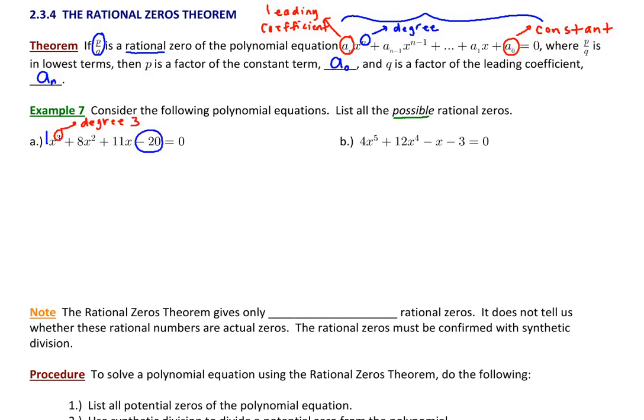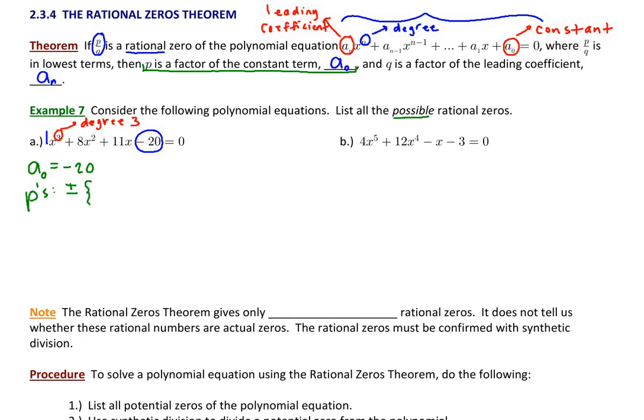So our constant term, we'll start there, which we generally call a naught, is equal to negative 20. And what we want to do is list all of the factors of this constant term, because remember, P, the numerator of our rational zero, is a factor of the constant term. So all of our P's are going to be the factors of negative 20. And we're going to consider both the positive and negative versions of those numbers.